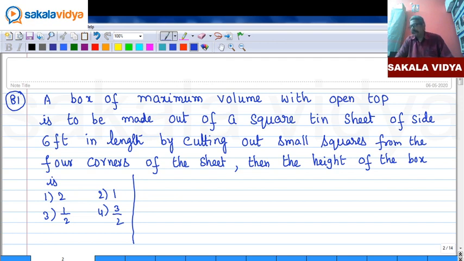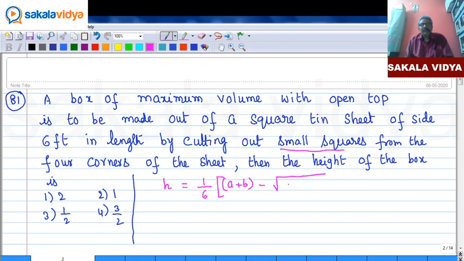Then the height of the box is given by the formula 1/6 of (a plus b minus root of a square plus b square minus ab).